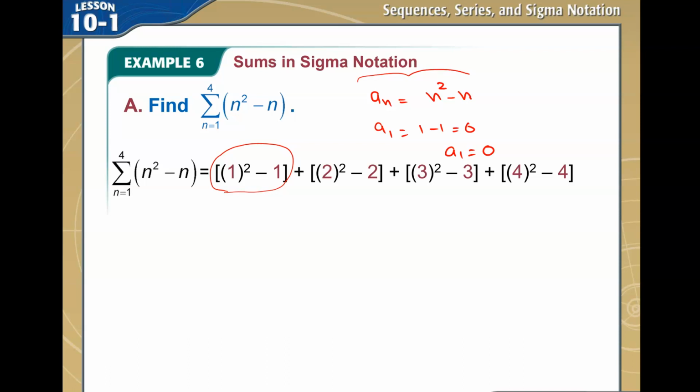Once you write it this way, you write 0 plus 2 plus 6 plus 12, and this is your answer. You just add them up, which is 20. Clear? That's it. This is what sigma notation is called. Sigma is basically this symbol which represents summation, addition of many terms of a sequence.